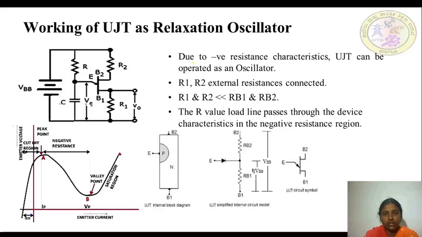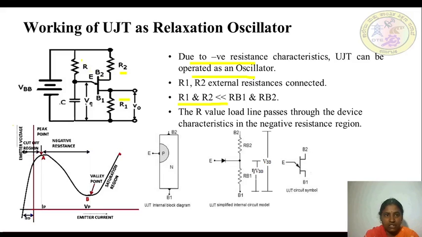Now coming to the working of UJT as relaxation oscillator. Due to this negative resistance region, UJT can be operated as an oscillator. So this is the circuit diagram of the relaxation oscillator where R1 and R2 are the external resistances connected between B1 and B2 terminals of UJT. The values of R1 and R2 should be lesser than the internal resistances RB1 and RB2 of UJT.